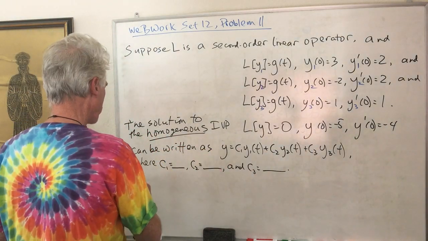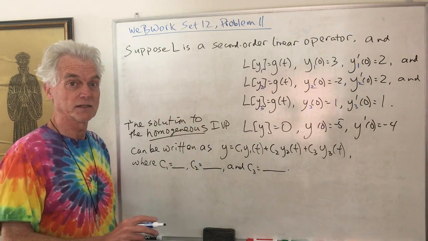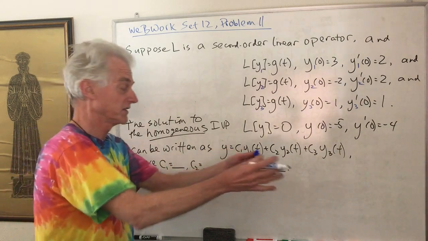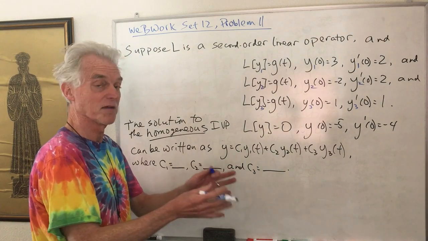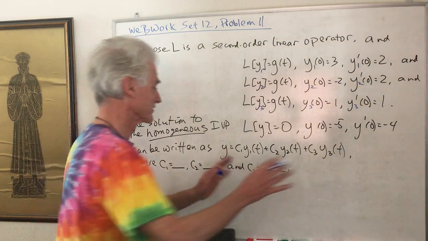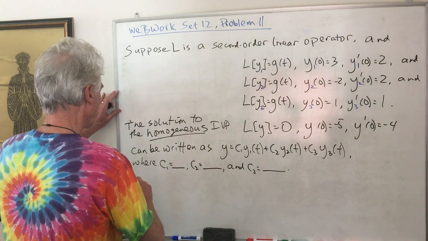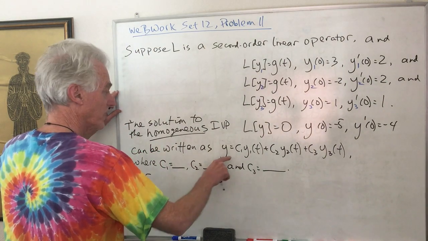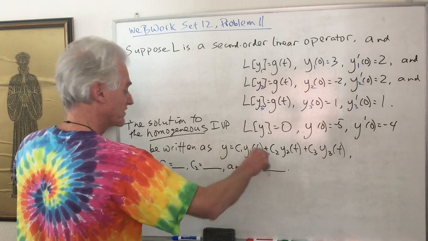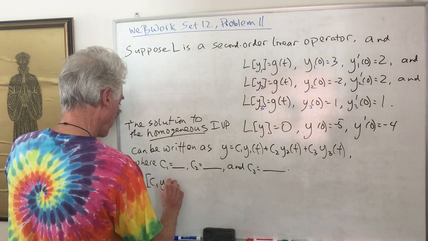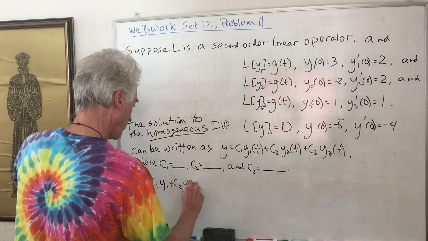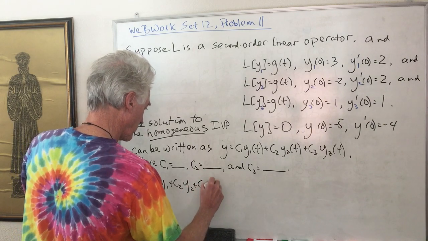Now the important thing about linear operators, right, is that the linear operator on the linear combination is the linear combination of the linear operators. All right, let's just go straight to it. So I want to substitute in this thing, c1y1 plus c2y2 plus c3y3.